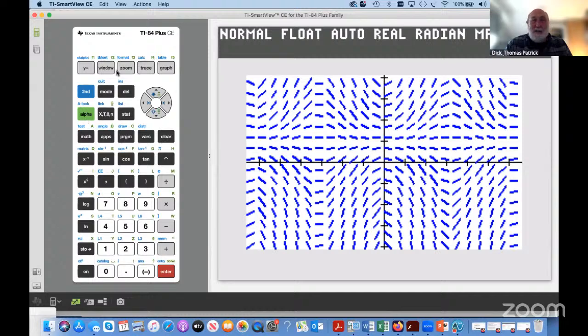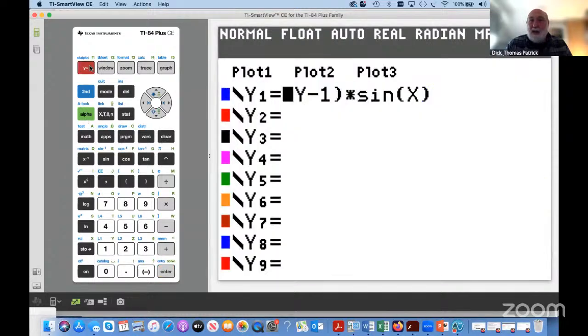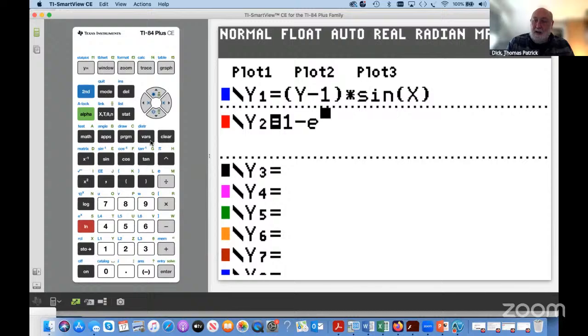So for example, if I go to y equals and go to y2 and plot our solution, 1 minus, let's see, was it e? Oh, I missed my coefficient here, so let me put a 9/8.